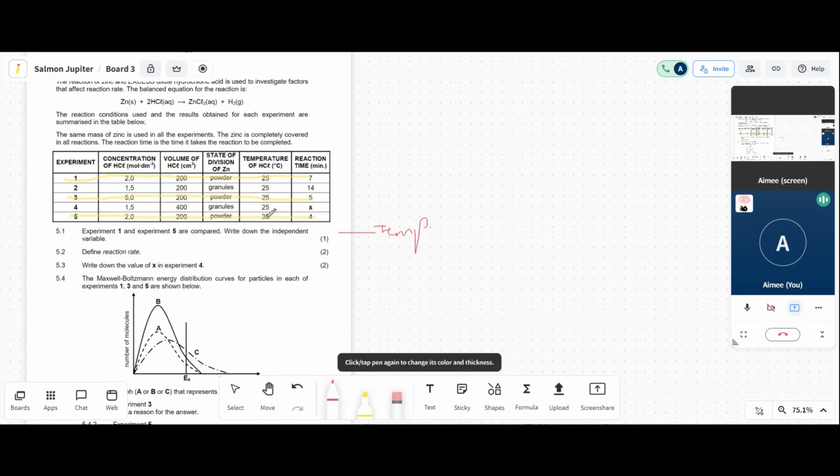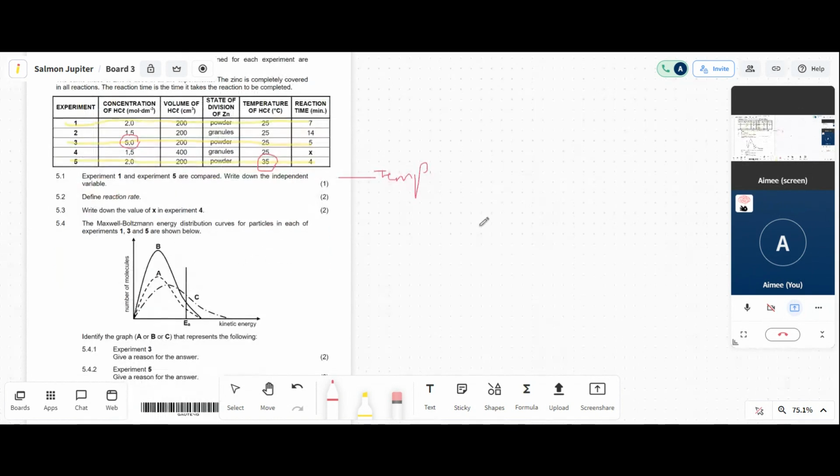So I'm going to circle the things that make them different. The temperature of 5 makes it different, and the concentration of 3 makes it different. Okay, so experiment 3. Which one of these graphs is going to be experiment 3? Well, we've already determined that the thing that makes experiment 3 stand out is its concentration of HCl.